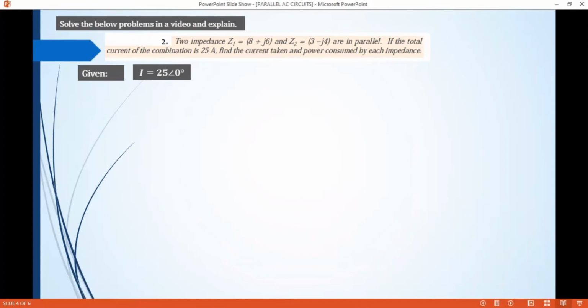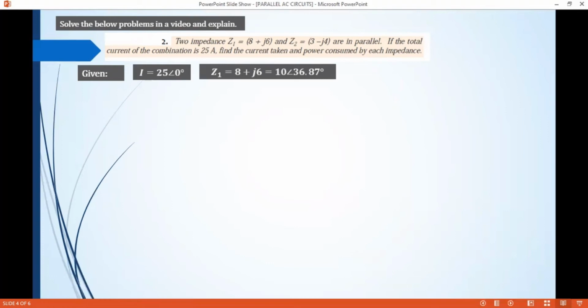So first, let us identify the given. Our total current is 25 amperes. Let's make it polar form: 25 angle 0 degrees. Then for Z1, or the impedance 1, we have 8 plus j6. Since it is in complex form, let's convert it into polar form.